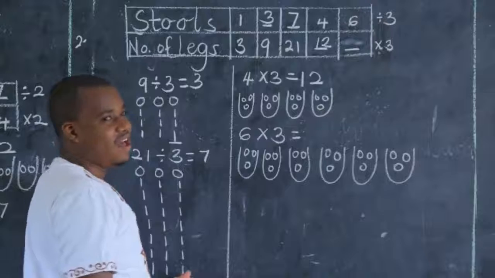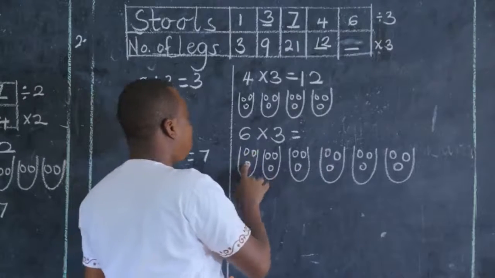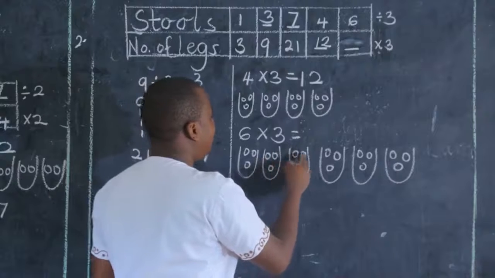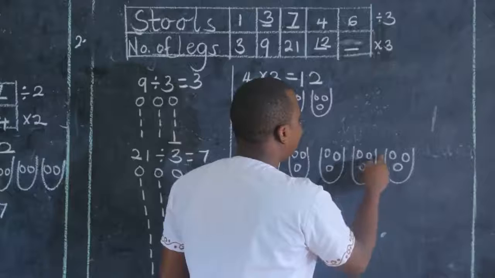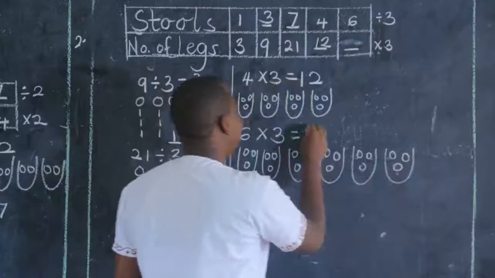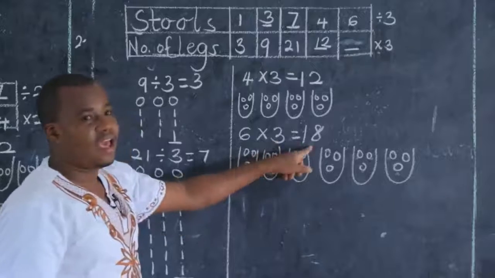Then we count together and get the answer. Can we count together, good children? 1, 2, 3, 4, 5, 6, 7, 8, 9, 10, 11, 12, 13, 14, 15, 16, 17, 18. So 6 times 3 is 18.